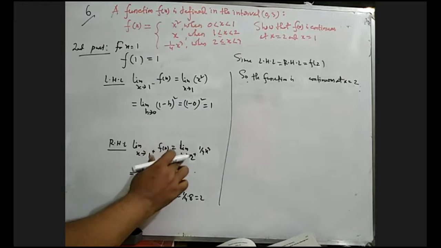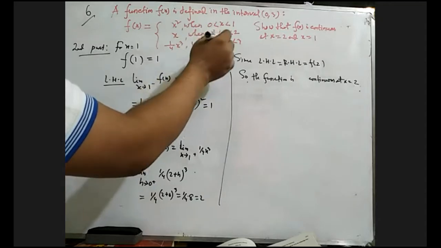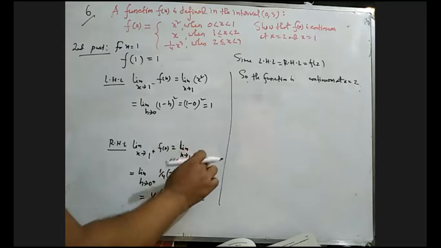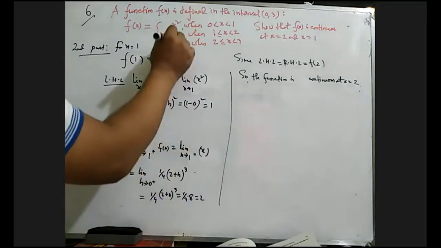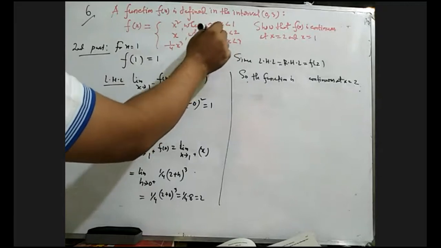Now similarly, the right hand limit at x equals to 1. X greater than 1, in which piece of this function? That means it's the first part. So this one, f of x equals x, because 1 less than or equal to x, so x greater than 1.